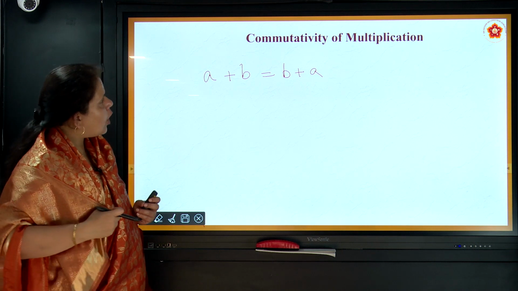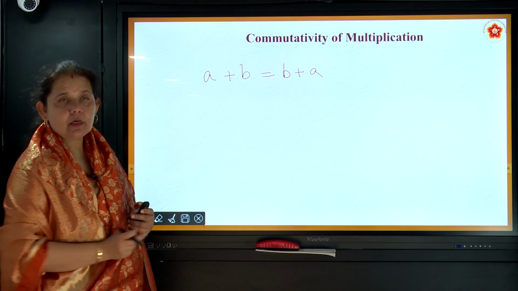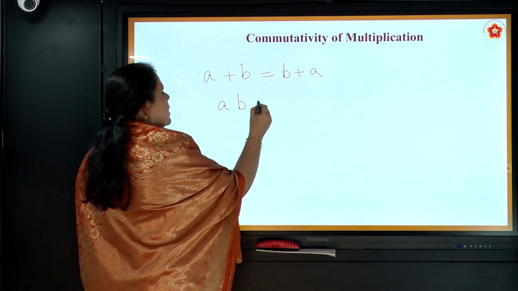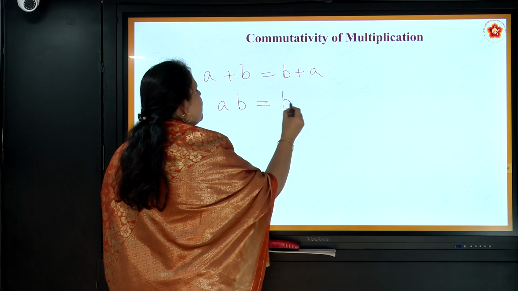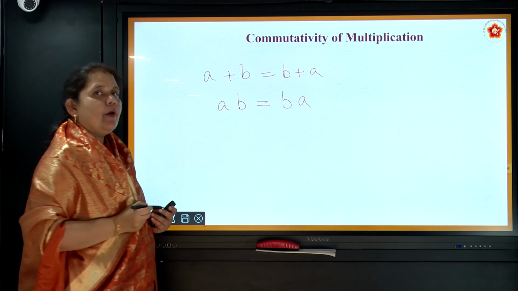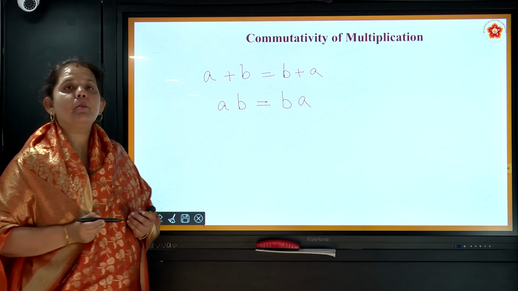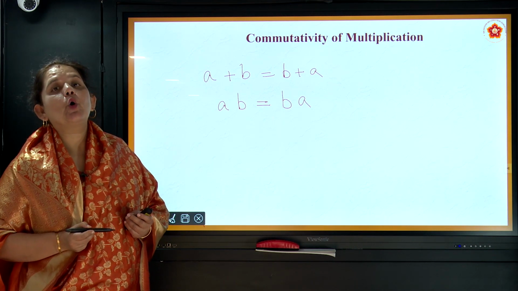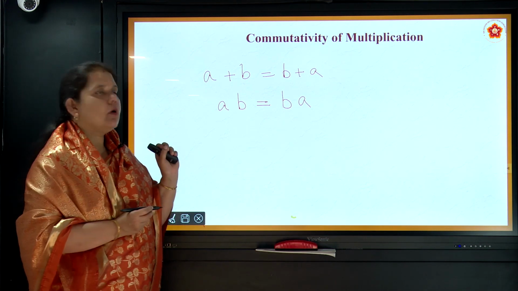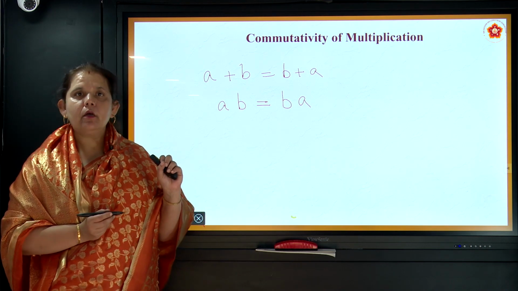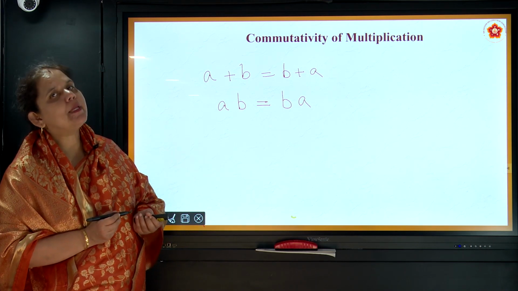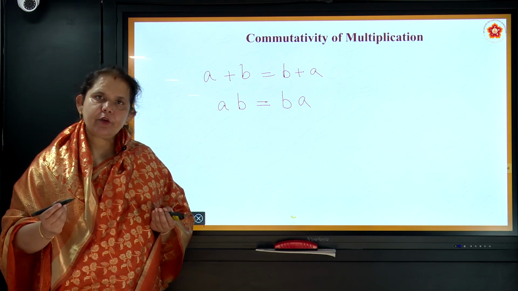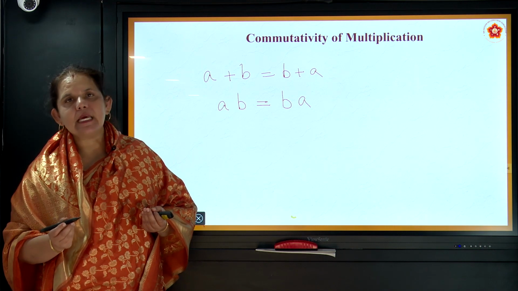When we are talking about multiplication, we see that a multiplied by b is always equal to b multiplied by a. We say that multiplication of integers is commutative. Let's take one example. We take 2 multiplied by 3 is 6. Whether we multiply 2 by 3 or 3 by 2, we get the same answer.